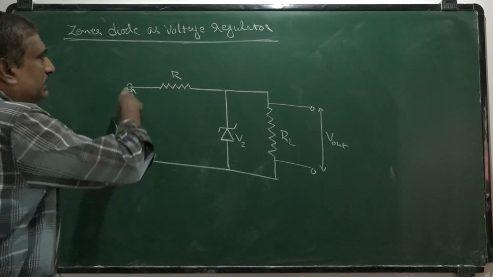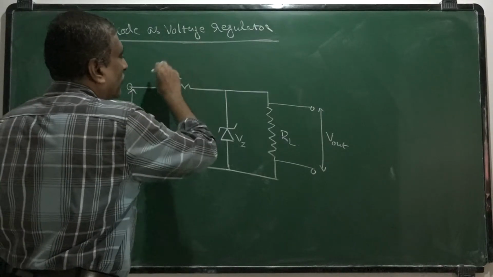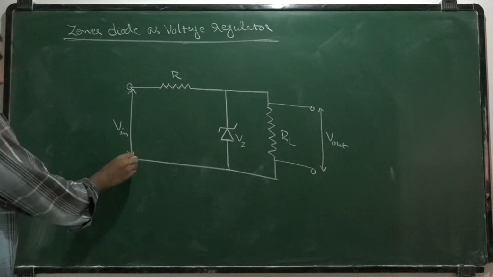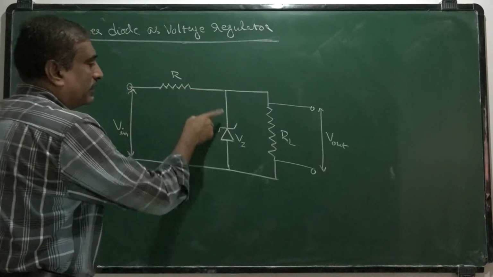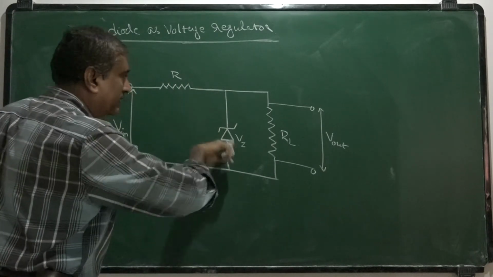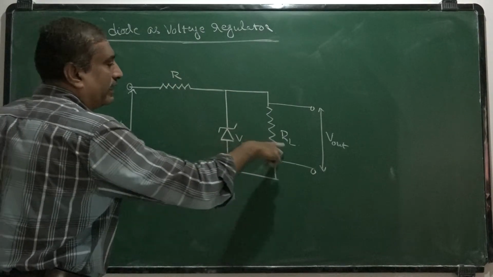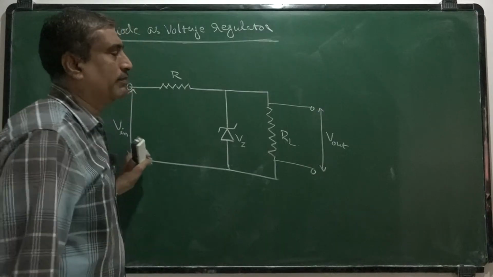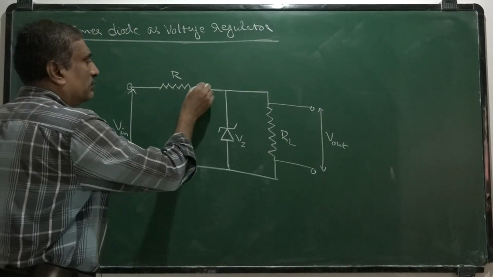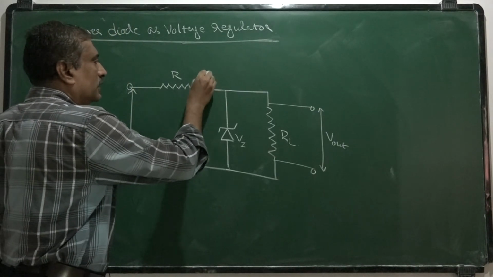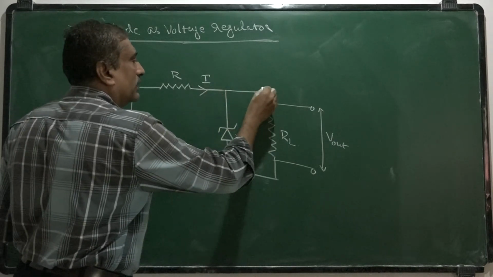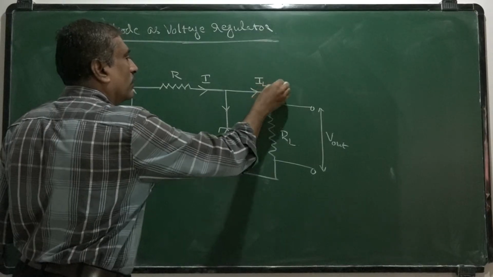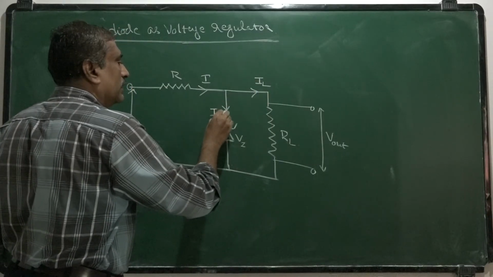This is the circuit for a voltage regulator using a Zener diode. The input VI is connected to the Zener diode in reverse bias through a resistor R, and RL is the load resistance across which we take the output voltage. Now assume that a current I flows through this. This is IL, the load current, and this is the Zener current IZ.